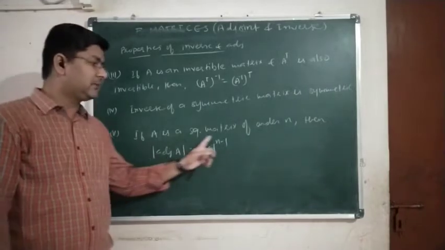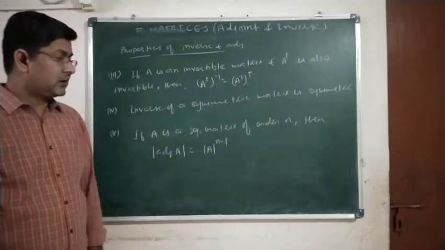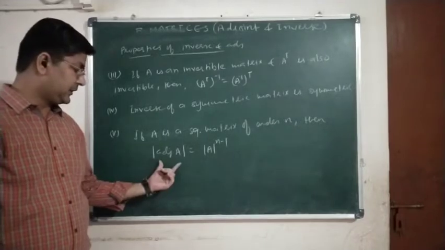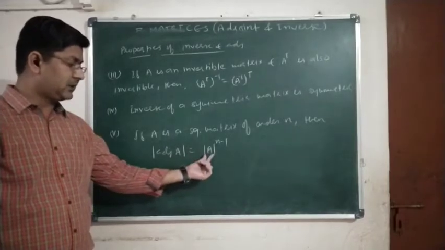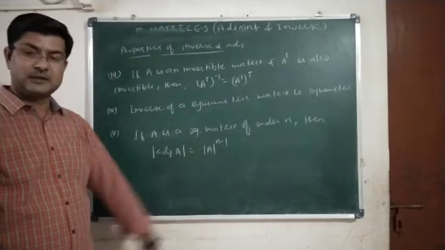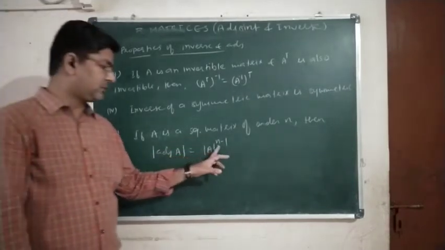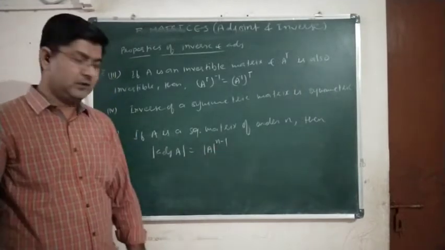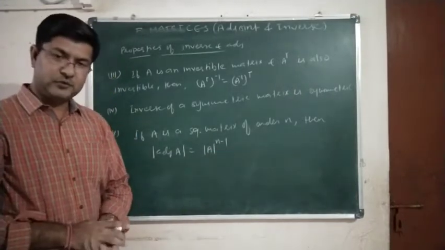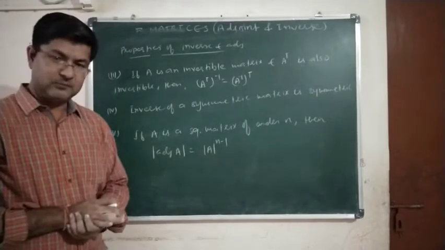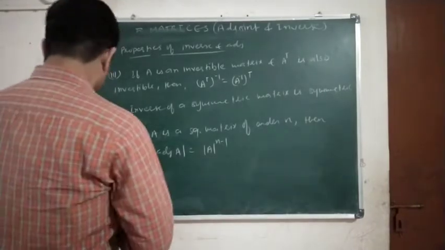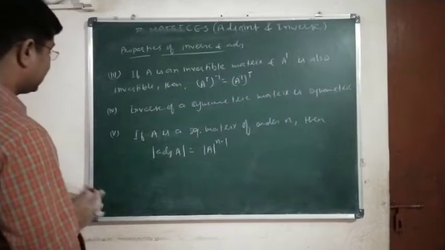Suppose A is a matrix of order 3, then determinant of adjoint of A will be equal to determinant of A raised to 3 minus 1, that is determinant of A squared. If the order is 4, the power will be 4 minus 1, that is 3. So in objective type questions, these properties will be applicable. Now let us check the next property.